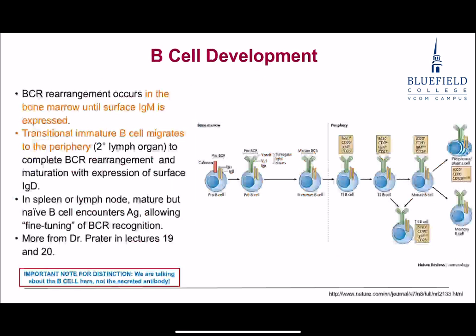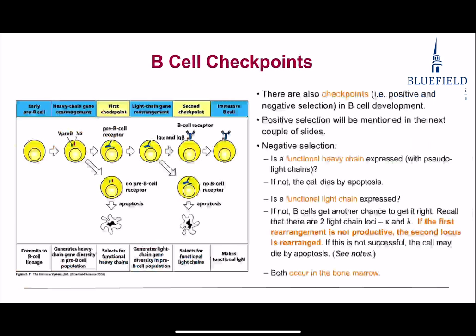So what are the checkpoints here for a B cell? I'll talk to this side for a minute. You have your hematopoietic stem cell, off screen, then the common lymphoid precursor, then the early pro-B cell. The B cell begins to rearrange its heavy chain.